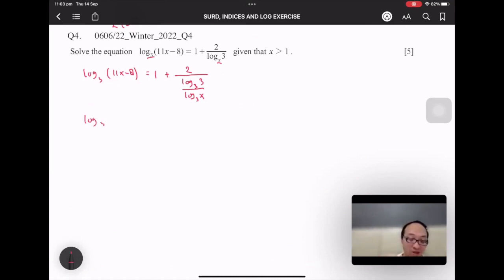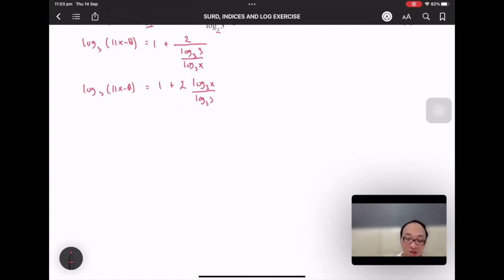So log 3 of 11x minus 8 equals 1 plus 2. I switch log 3x over log 3, which is 1. So log 3 of 11x minus 8 equals 1 plus 2 log 3x over 1.